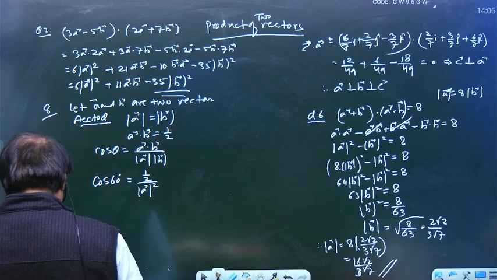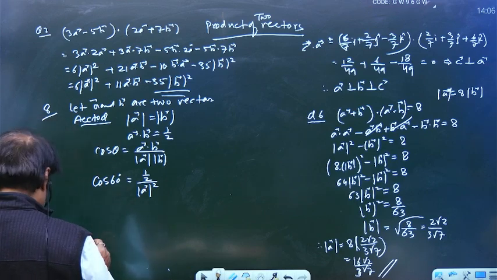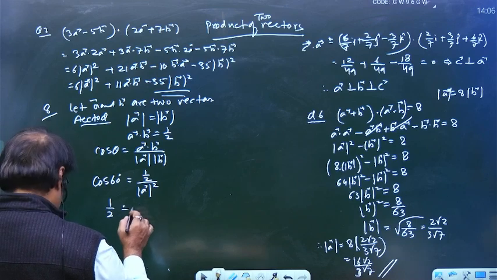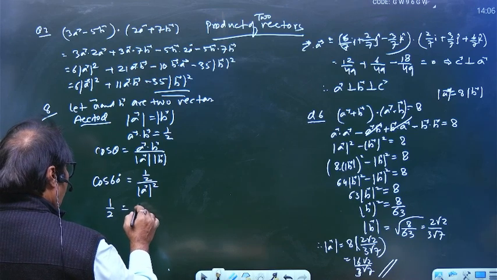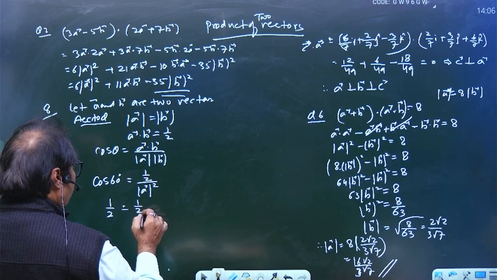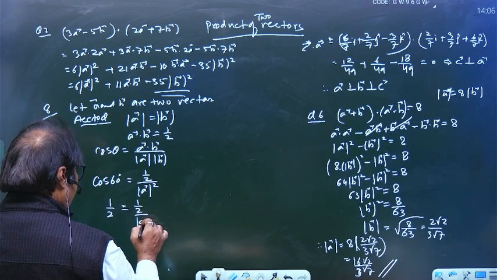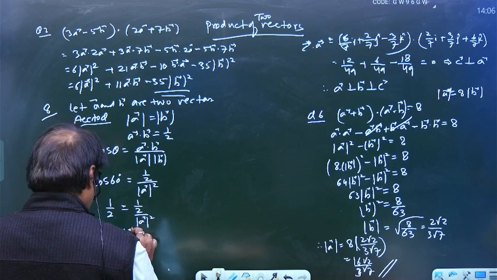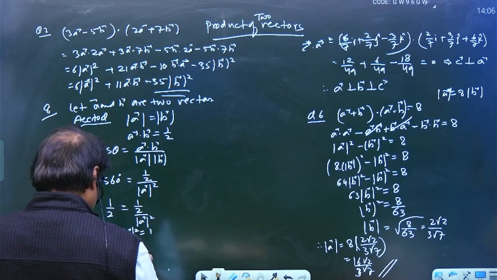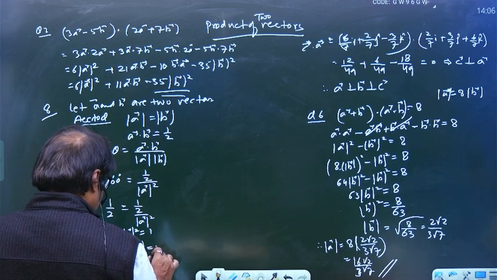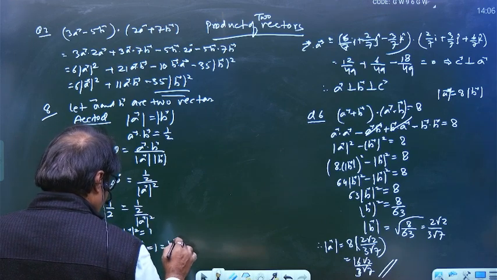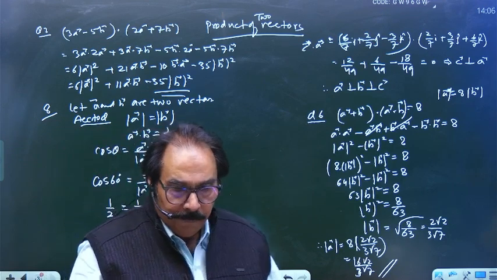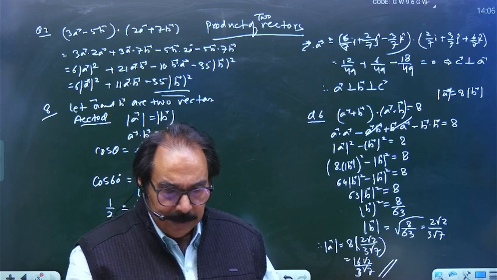So we can write magnitude of A square, and the value of cos 60 is 1 by 2, so 1 by 2 into 1 by 2 divided by magnitude of A square. This implies that magnitude of A square is equal to 1. Therefore magnitude of A is 1, which is equal to magnitude of B, because as per the given question, A and B have the same magnitudes.